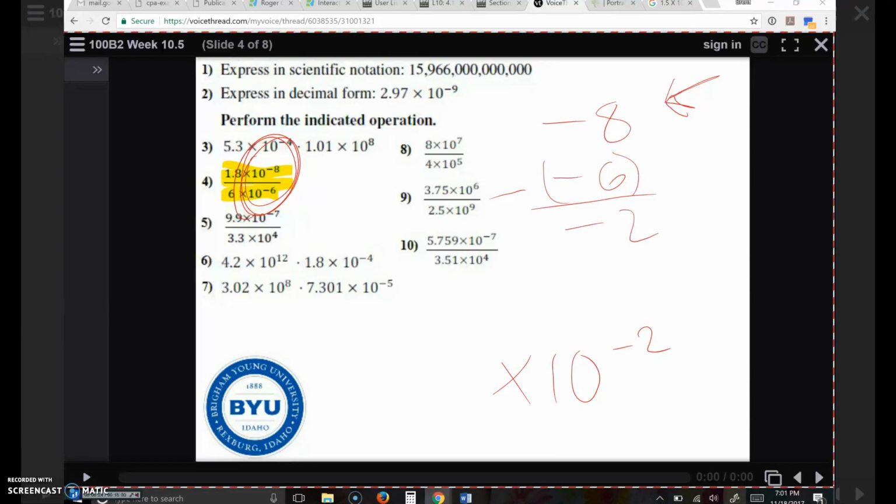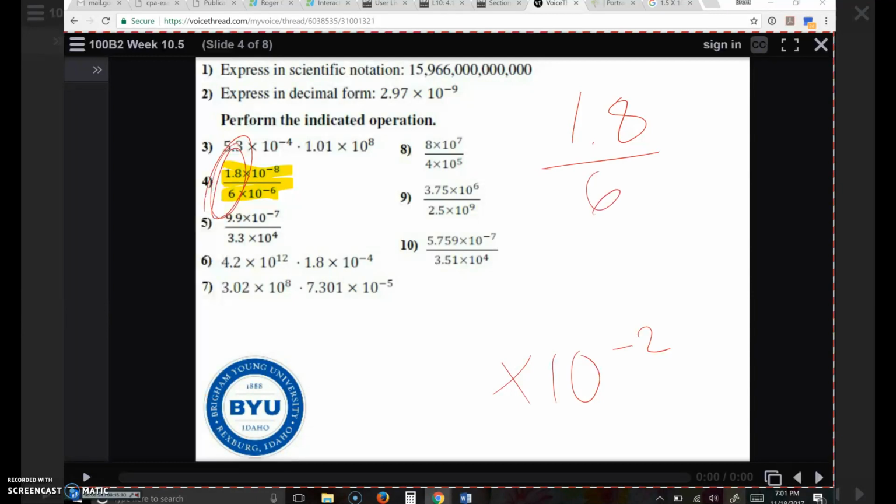So next, I'm erasing this stuff. Next, I'm going to say 1.8 divided by 6, and that, if I did my math right, is 0.3. Okay, so what you have here is 0.3 times 10 to the -2.